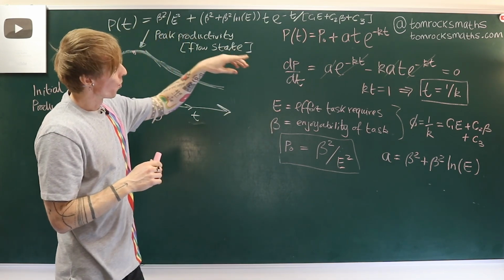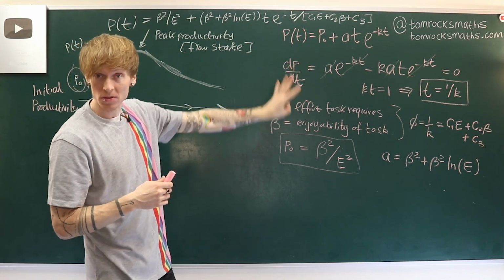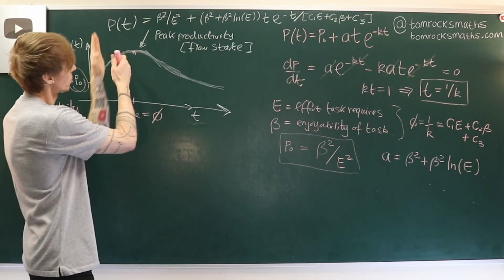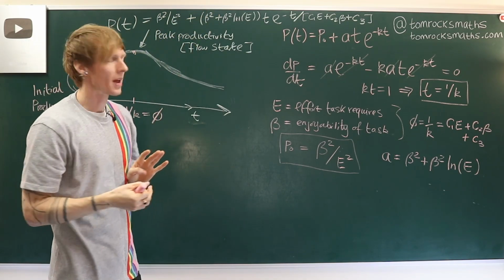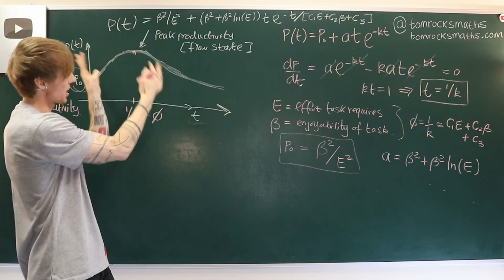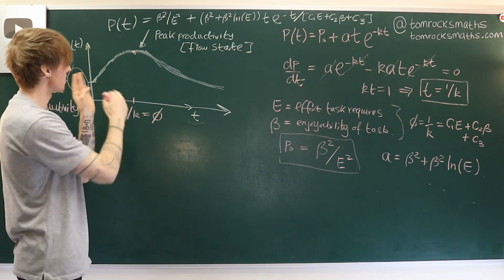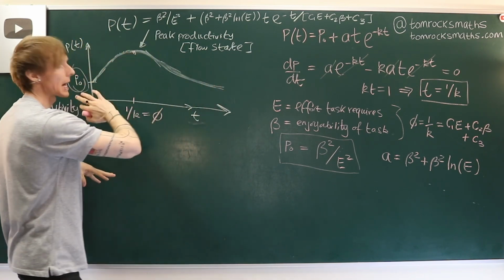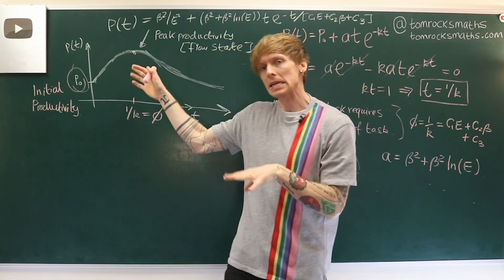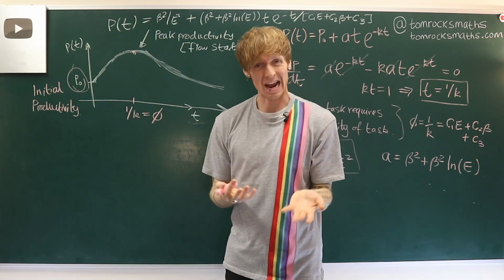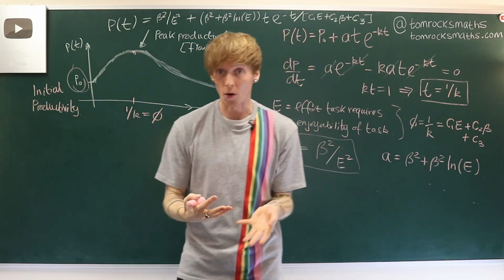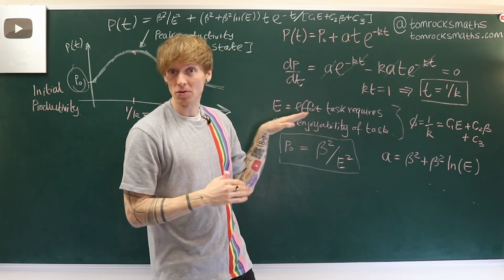However, when you plug in values for E and beta into our productivity function up here, you're going to get different shaped curves. And in order to maintain the shape that we are expecting, because remember, this was kind of our intuitive understanding of what a productivity curve should look like, it turns out that you actually need a specific range of values for your effort and your enjoyability.